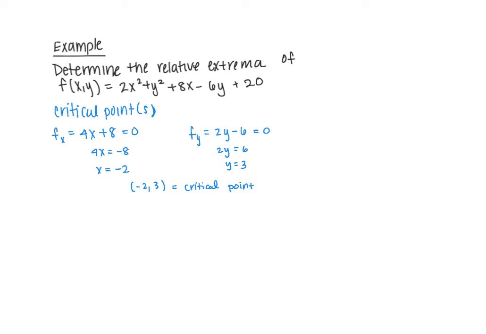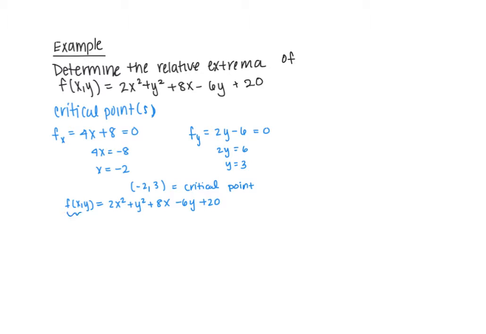And so I need to see how this critical point compares to every other x, y value around it. And so I'm going to take the function f of x, y, and I'm going to test some points around negative 2, 3. So I've got my function f of x, y equals 2x squared plus y squared plus 8x minus 6y plus 20. And I first want to see what the z value is when I plug in negative 2, 3.